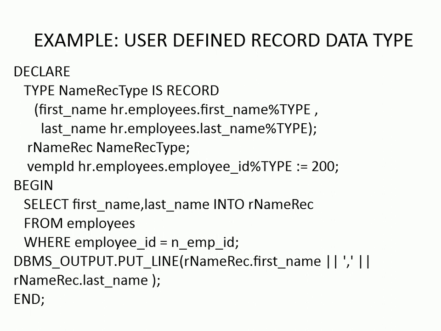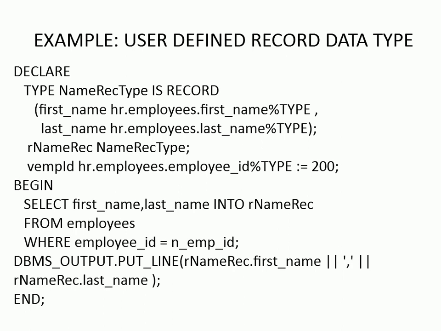After that, we are declaring a variable our_name_rec of type name_rec_type, which we have declared in the declarative section. This is a data type now, a user-defined data type. So our_name_rec is a record variable, and name_rec_type is its data type.